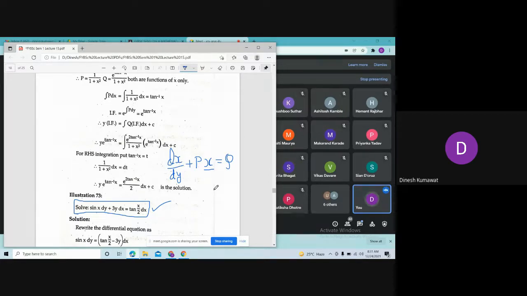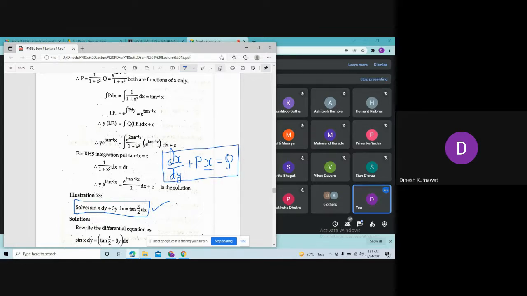Only x should come, not sin x or tan x. No sir. Yes, do we have such a term in this differential equation? No, right? Which means what? We are not going to write this differential equation in this form.